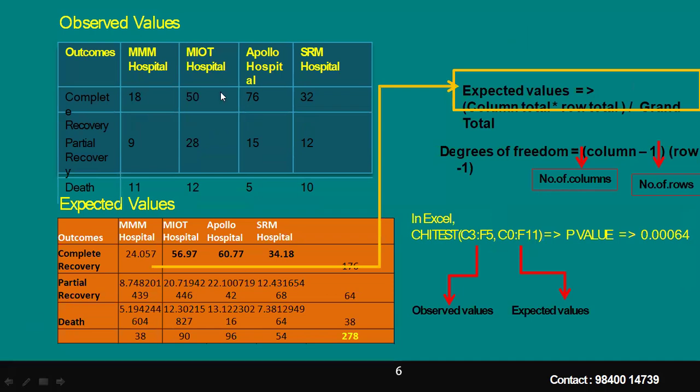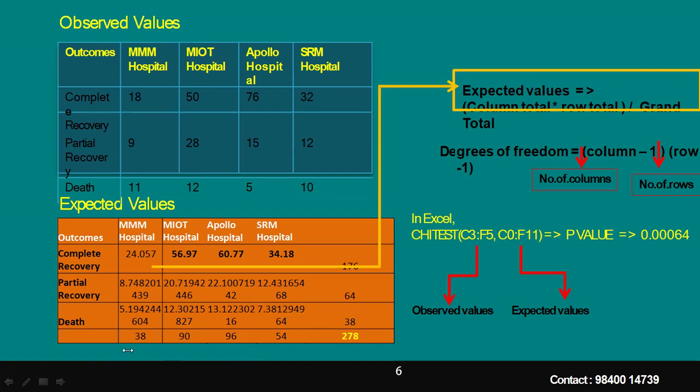Similarly here, yes, Varun asked this question. How about 8.74, the second row? Yeah, in the second row, this is the row total, right? This column total into this row total divided by the grand total. And for this one, this column total into row total divided by this one, right? That's how we got the expected value.